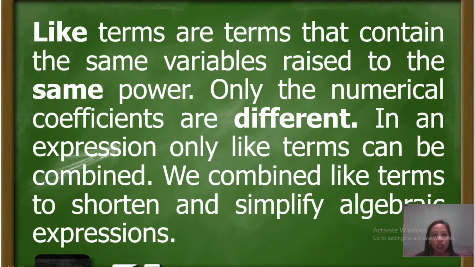In an expression, only like terms can be combined. We can only combine terms if parehas sila ng terms. We can combine like terms to shorten and simplify an algebraic expression.